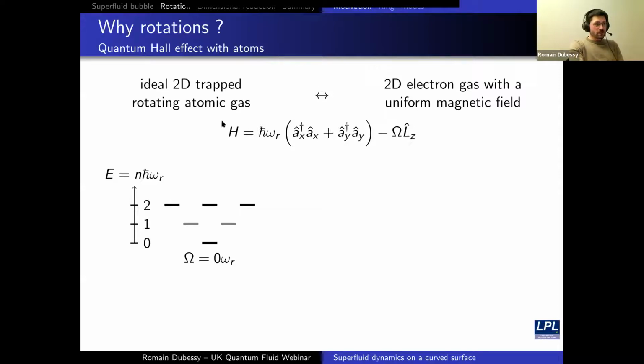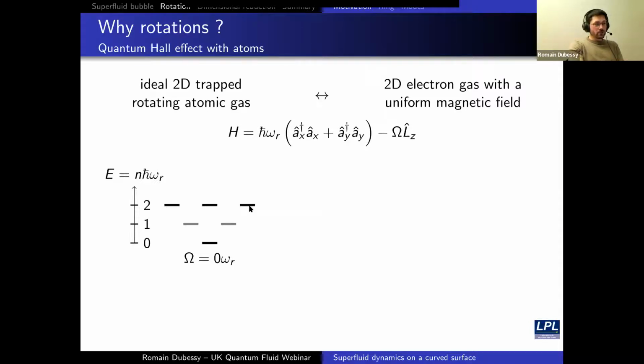To see this analogy, it's very easy. You take the Hamiltonian of the two-dimensional harmonic oscillator and you look at the eigenstates, and you see that there is this structure of energy levels where manifolds of degenerate levels are different because of their angular momentum.